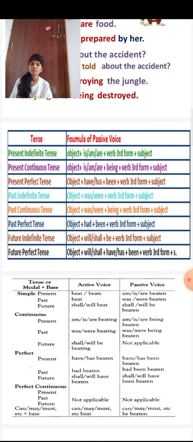So candidates, I think now you must have got all the information for making changes in a sentence with the active and passive voice rules of all tenses. Practicing a set of examples will help you clear the fundamentals and score well in competitive exams also. So remember, every topic counts.